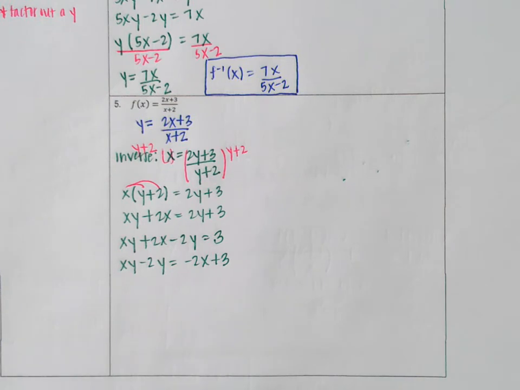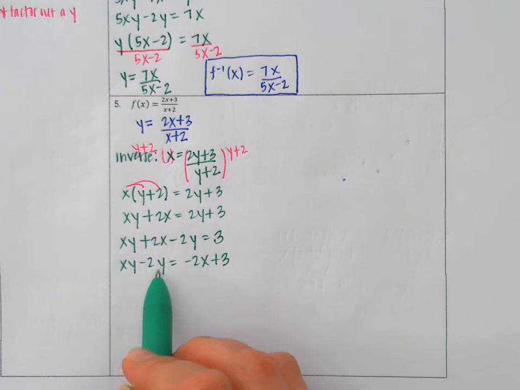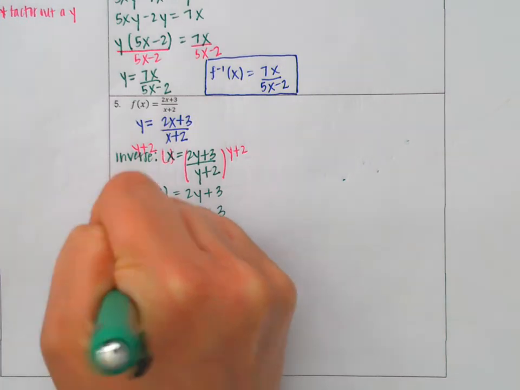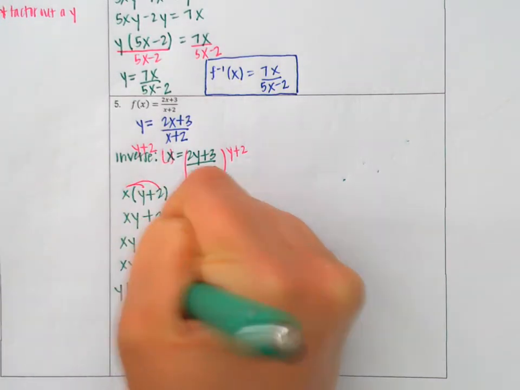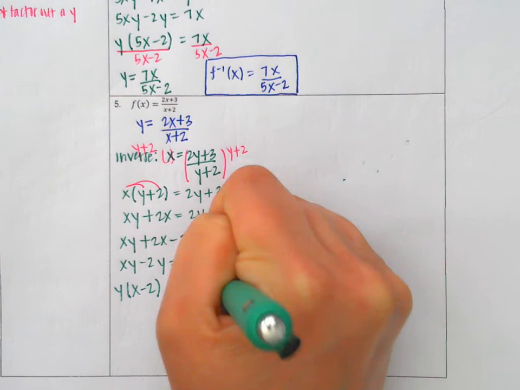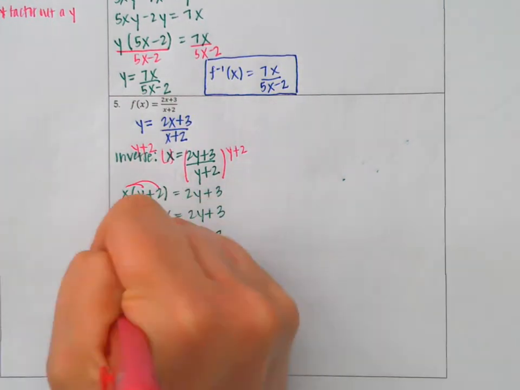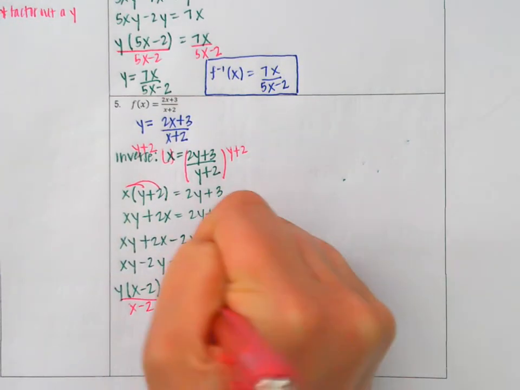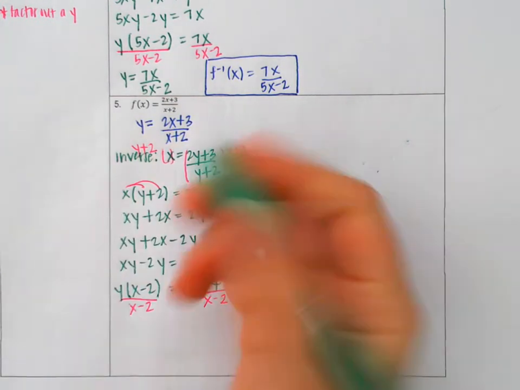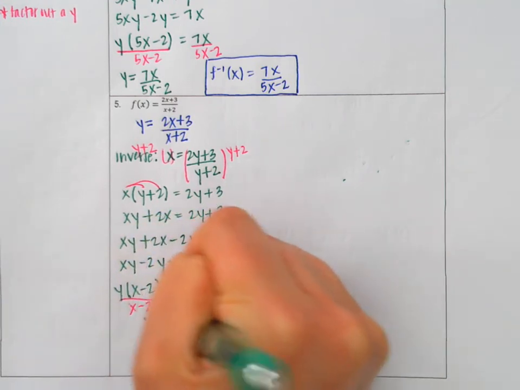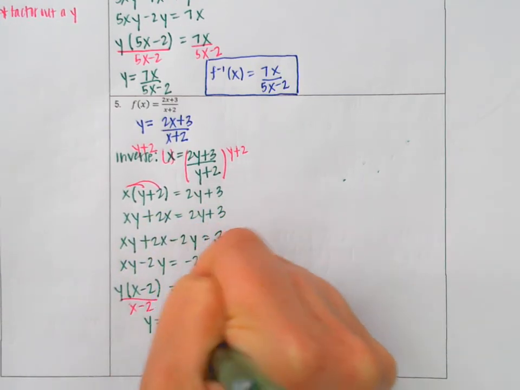So that's just how I like to write it. So now that on the left side, we have both of the y terms, that means any term that has a y attached to it, I can factor out their GCF. Their GCF is y. And so now the way that I get y by itself is dividing both sides by x minus 2.